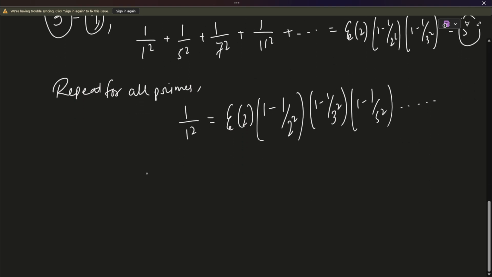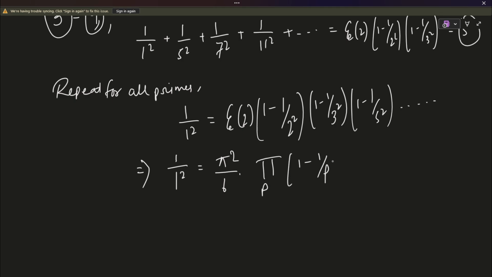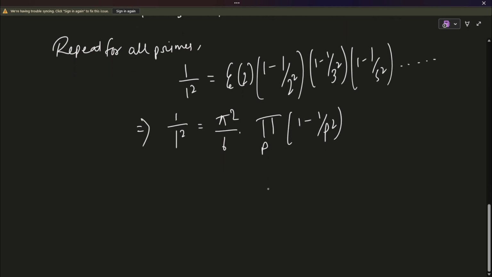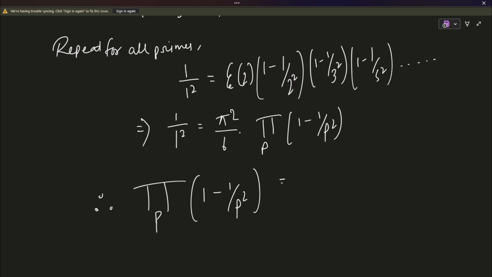Which means 1 by 1 square equals pi square by 6 into the product over primes of (1 minus 1 by p square). And therefore, the infinite product over primes of 1 minus 1 by p square is nothing but 6 by pi square.